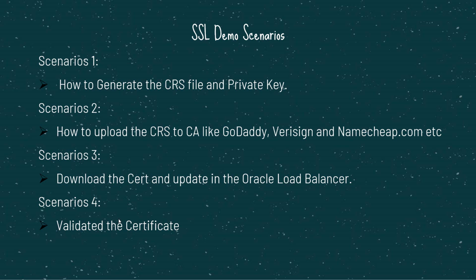And then once you do that, there are steps before you can download the SSL cert. So I'm going to show how we upload the CSR and download your cert in scenario 3. And in scenario 4, we will upload and also validate your cert.